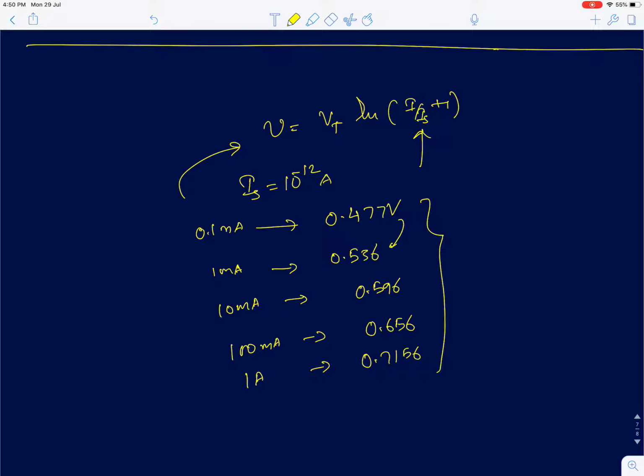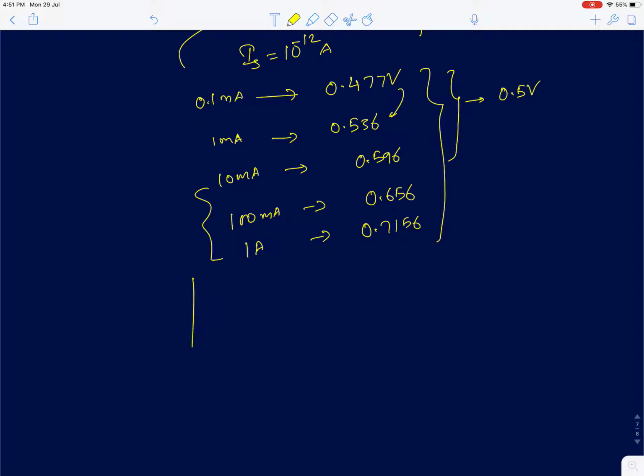Normally, if your current is in the order of a few milliamperes, we just look at this range of currents where you operate, and then we can say roughly a voltage of 0.5 volts. So when you draw the IV characteristics, here I am going to use a word called cut-in voltage.